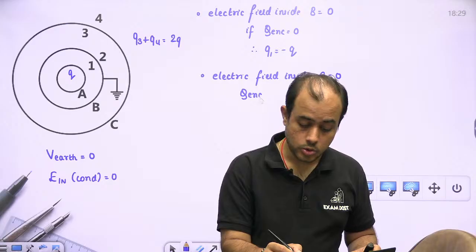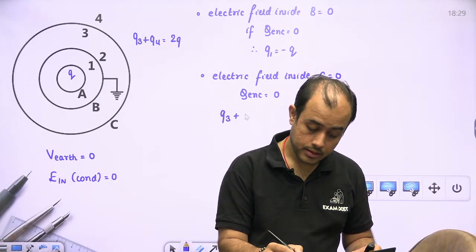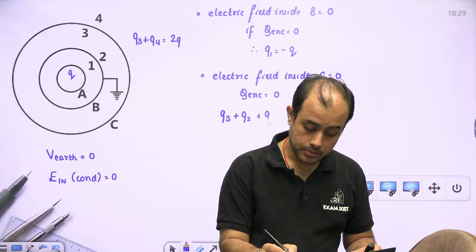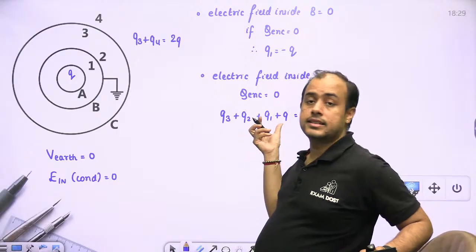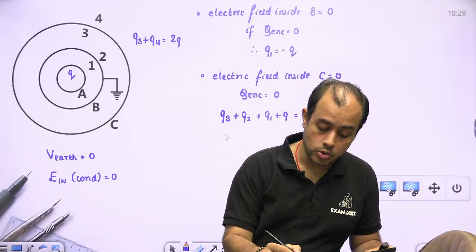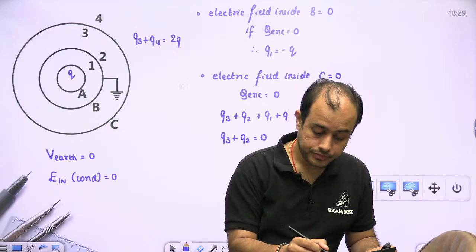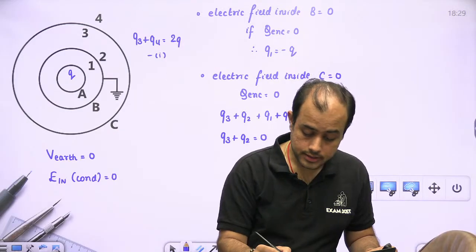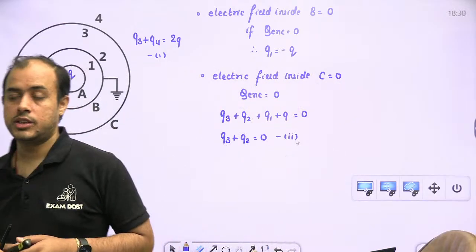So charge enclosed should be 0 inside C. So Q3 plus Q2 plus Q1 plus Q is 0. Now Q1 is minus Q. So you can say Q3 plus Q2 is 0. Q3 plus Q2 0 है.